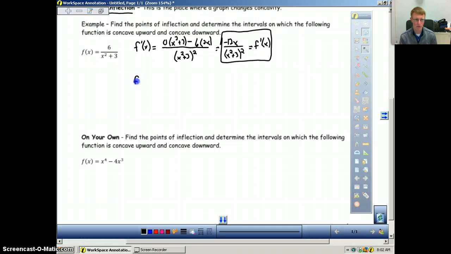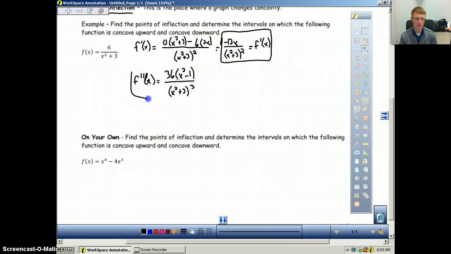Again, I'm going to do this very quickly, skipping a couple of steps. We would have to do the derivative of this, which would be the quotient rule again. What you end up with, going straight to the answer, is 36 times x squared minus 1, divided by x squared plus 3 to the third power.